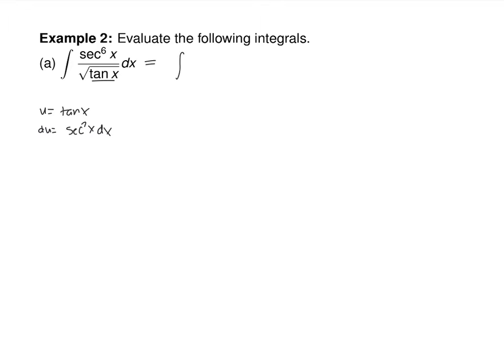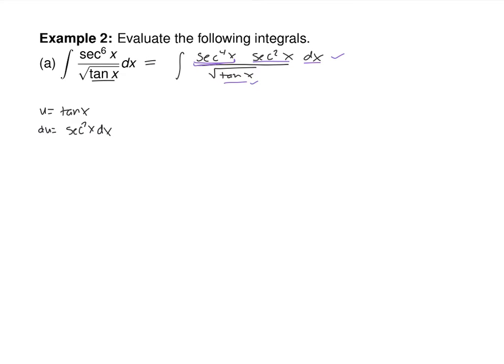So from the secant to the 6th x in the numerator, we're going to have to break it up into secant to the 4th x, secant squared x dx over root tan x. So this part's been taken care of. This part is going to be your du. It's just this part that has to change.